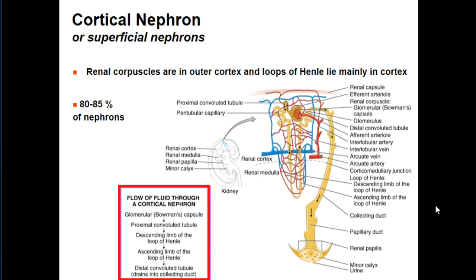The flow of fluid through the cortical nephron is as follows. From the glomerular Bowman's capsule, it goes to the proximal convoluted tubule, then into the descending limb of the loop of Henle, then the ascending limb of the loop of Henle, and then finally the distal convoluted tubule. And you have from 80 to 85% cortical nephrons.